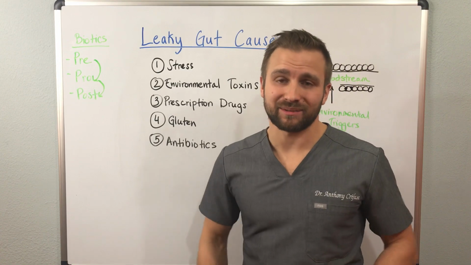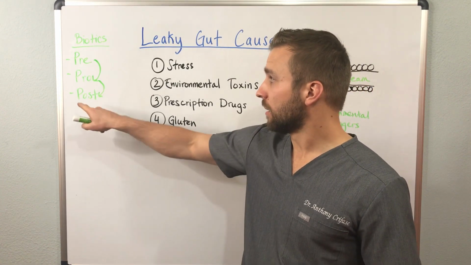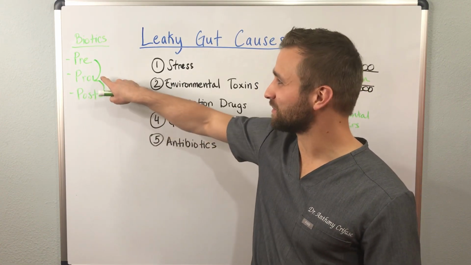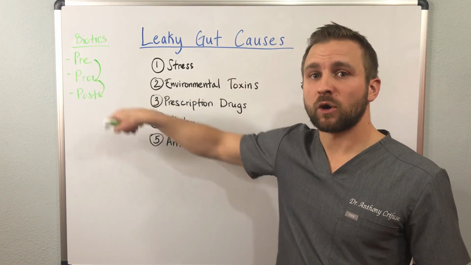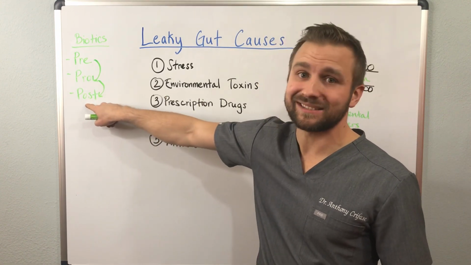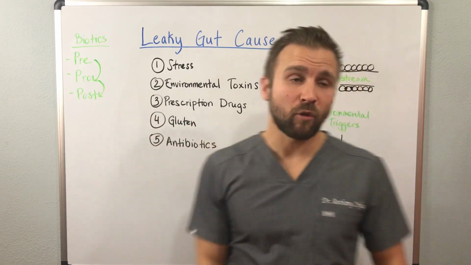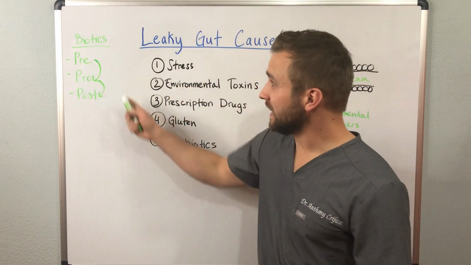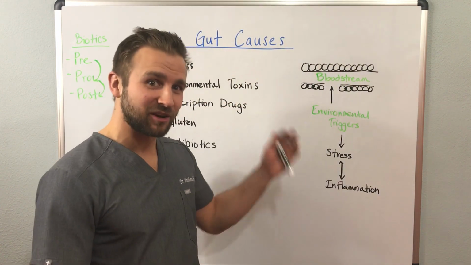Probiotics are the good, live microorganisms in your gut, in your digestive tract. Postbiotics are chemicals, molecules produced by probiotics. These are things like short-chain fatty acids. Butyric acid is one of the biggest ones produced by probiotics. This is a healthy short-chain fat that is good for the gut. It helps stabilize the digestive tract. So again, we need all of these important markers for good gut function. So this can cause leaky gut.